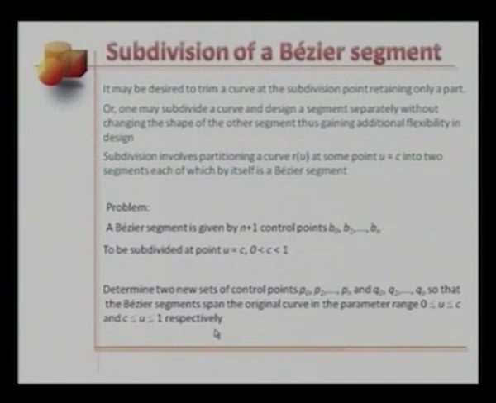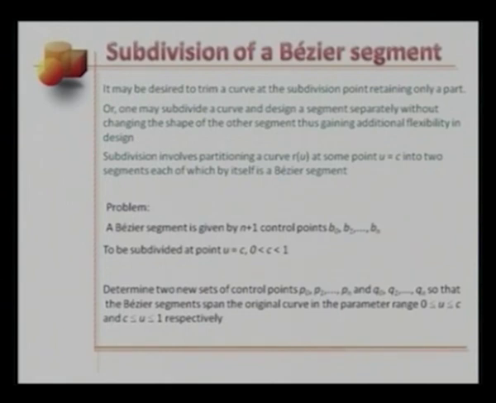So the essence now is to be able to identify two sets of control points, this one and this one, in a manner that a Bezier segment can be represented by two separate segments. And the original shape of the Bezier segment remains the same.